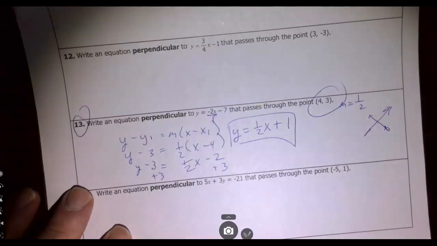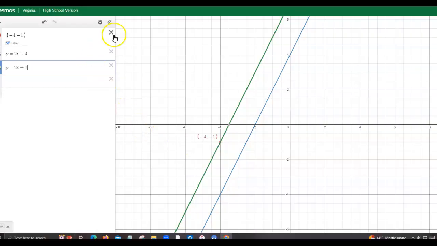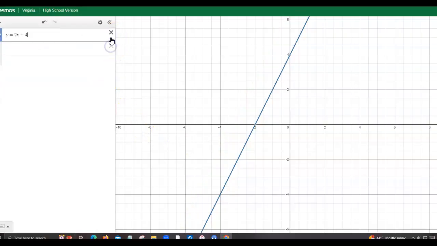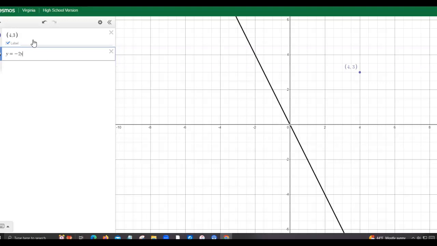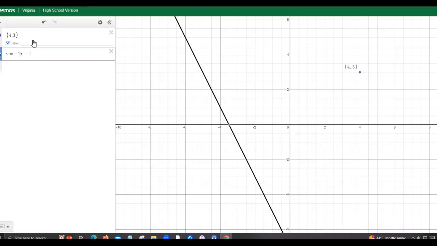Okay, so let's go to our Desmos. Let's clear all these out. Let's put in the point, (4, 3). Label it so you can see it. I'm going to put in the original line, which is negative 2x minus 7.